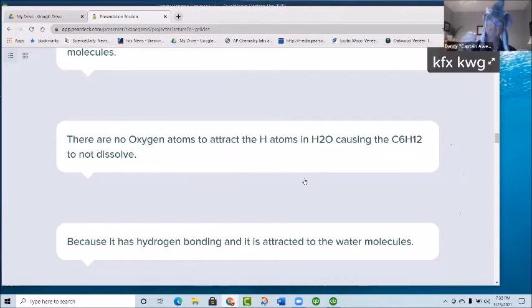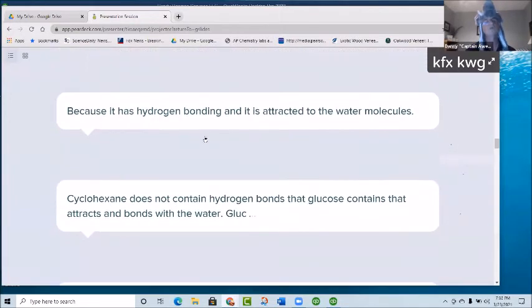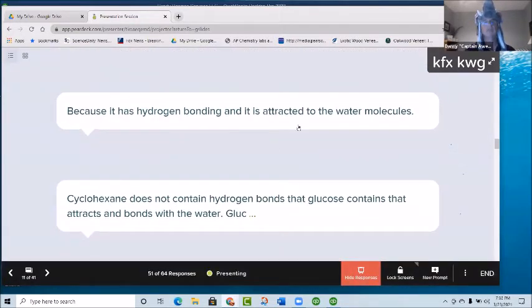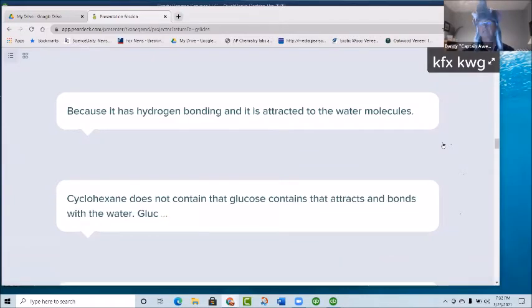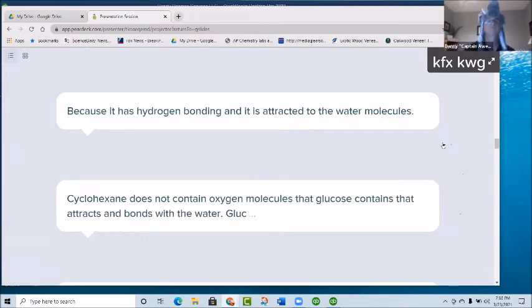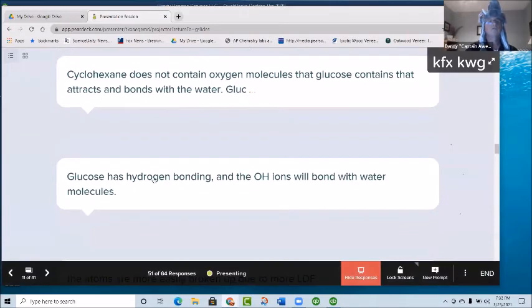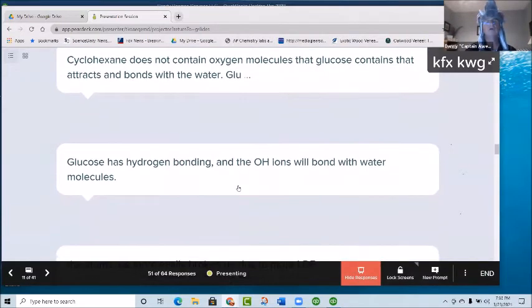If you're trying to say the C6H12 has no oxygen atoms to attract the hydrogen atoms, that's a better way to answer that. Because glucose has hydrogen bonding and it is attracted to the water molecules. Again, try to avoid "it"s. If you want to say glucose, because you want to earn the point, then say glucose. Glucose has hydrogen bonding and the OH ions will bond with water molecules.